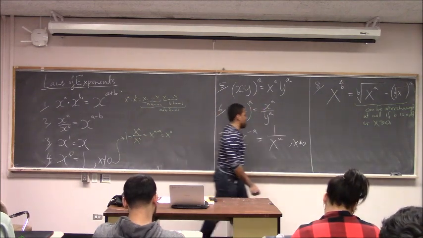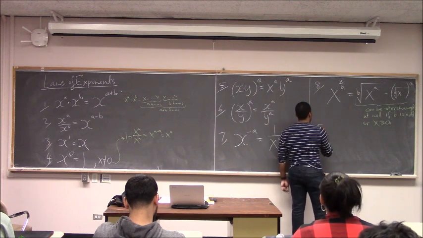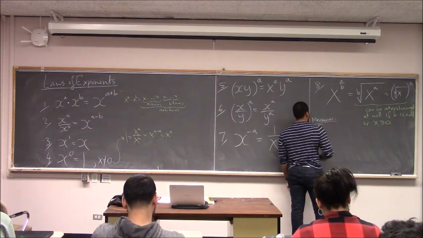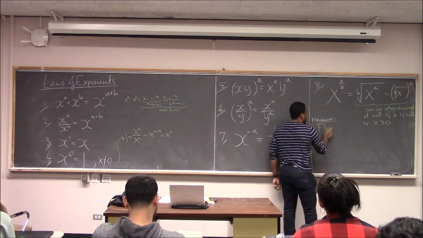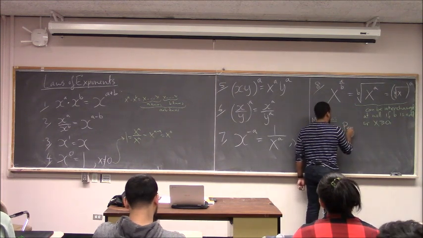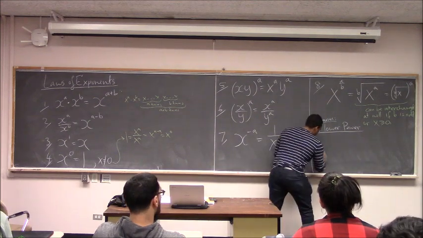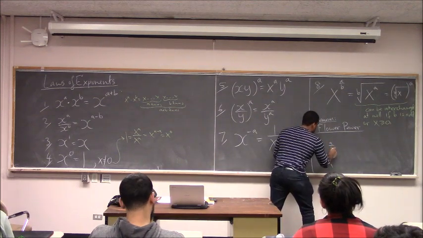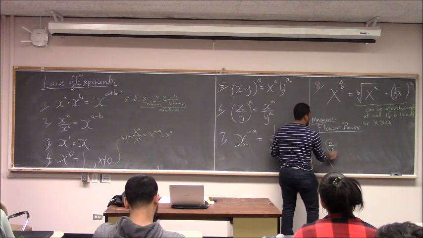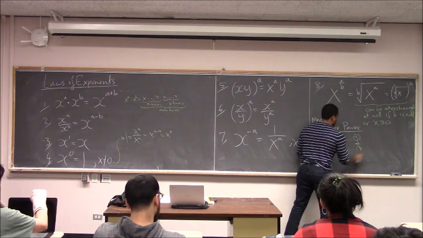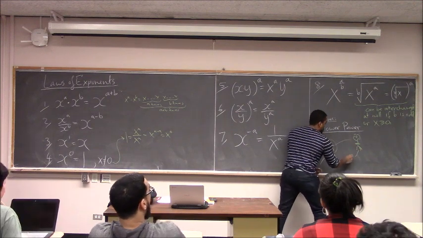Now, one way you can remember that is a mnemonic. Here we go. There's a rule called flower power. That rule basically says, if you see x to the a over b, you imagine that fraction as a flower, where the bottom is the root.